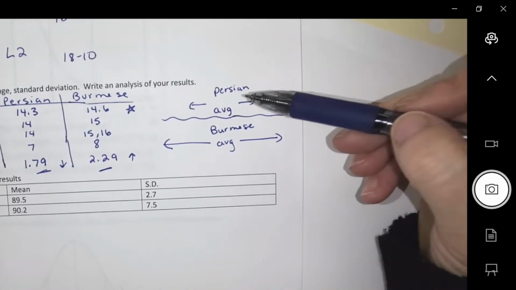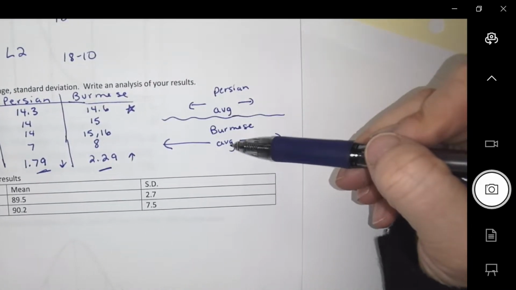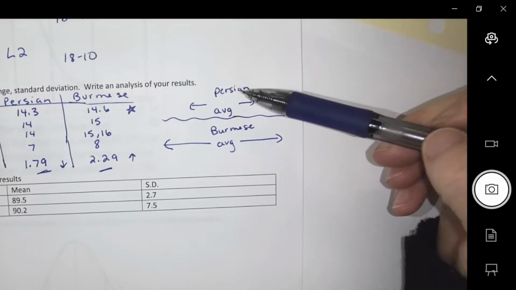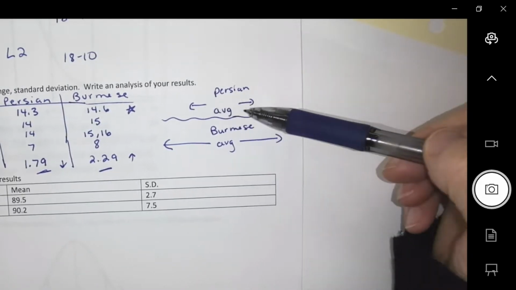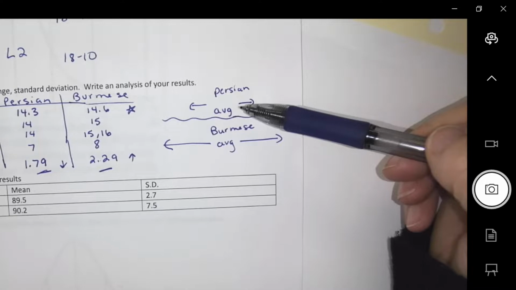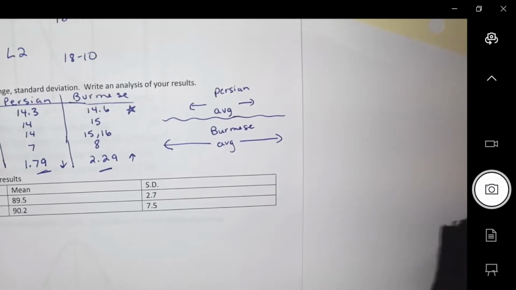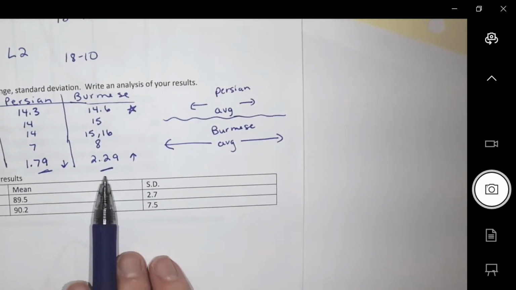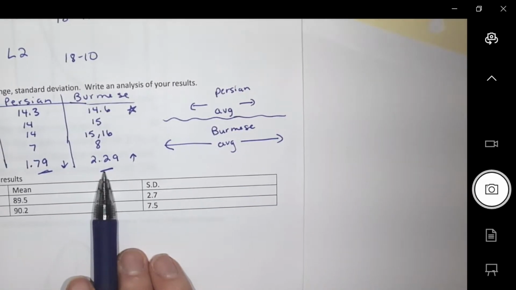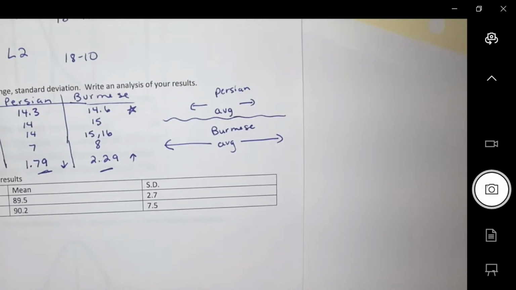The Persians and Burmese have the same average, but the Persians, let's say if the average is 14, might go from 10 to 18 years. Versus the Burmese, if they have a bigger standard deviation, it's because some of the cats might have only lived 5 years and some like 20.